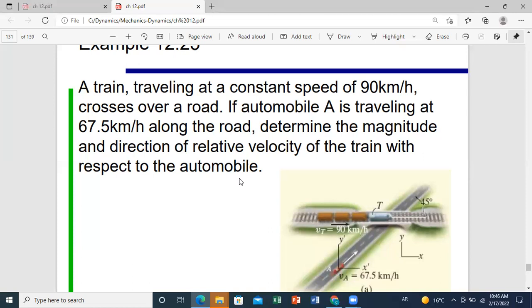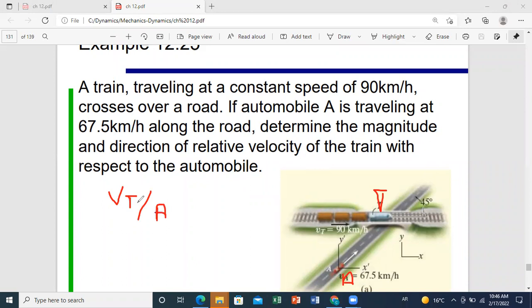In general, they can ask for a relative velocity value. To get this value, you should take the difference of absolute velocities, because here we have two objects, the train and the car. The question is to get the velocity of the train relative to the car.